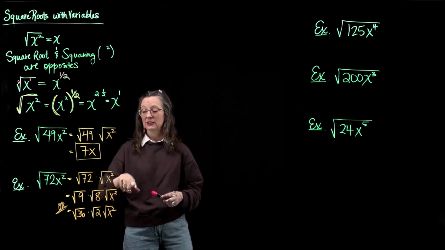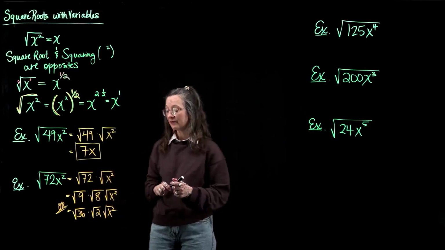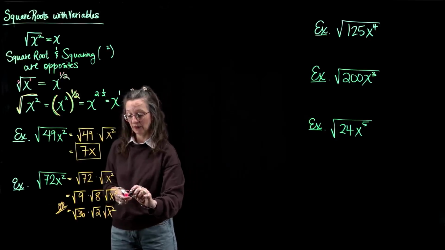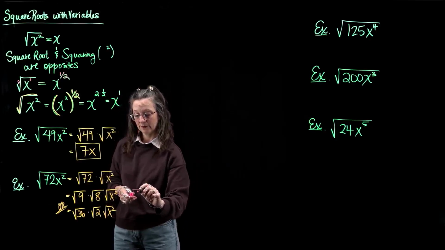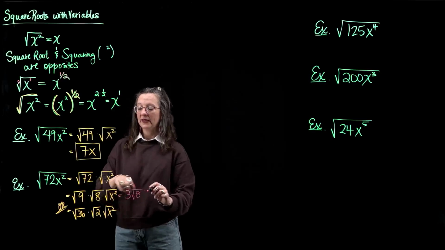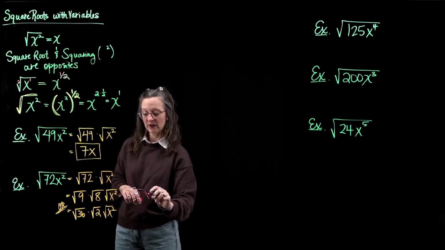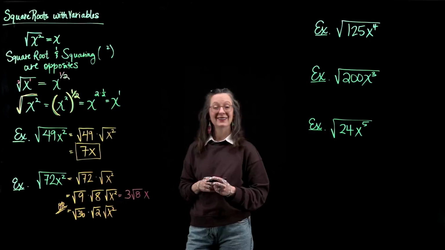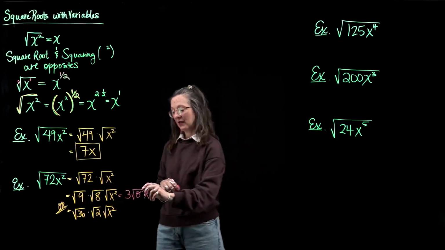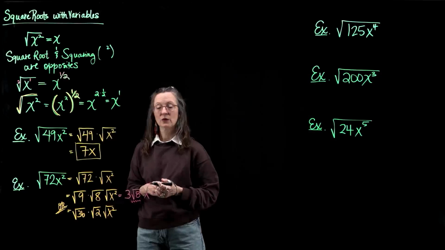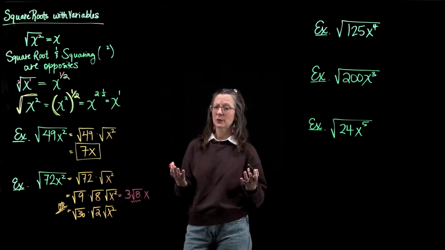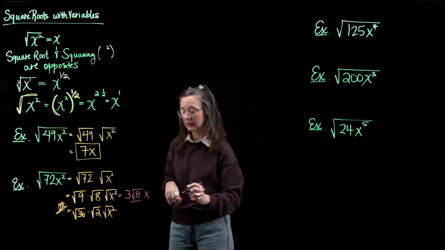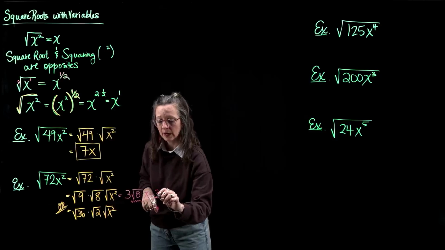If I did 72 is 9 times 8, we know the square root of 9 is equal to 3. We know that the square root of x squared is x. So I would have 3 times square root of 8 times x. Uh-oh. Square root of 8, that has a perfect square factor of 4. So let's break this up one more time.